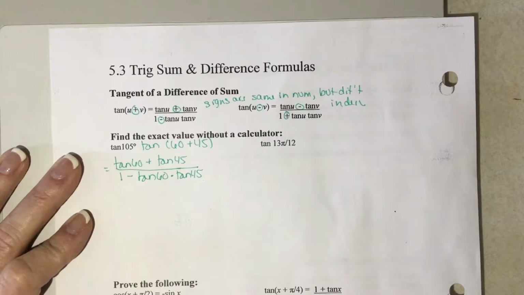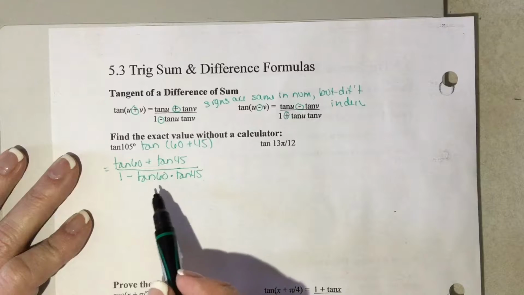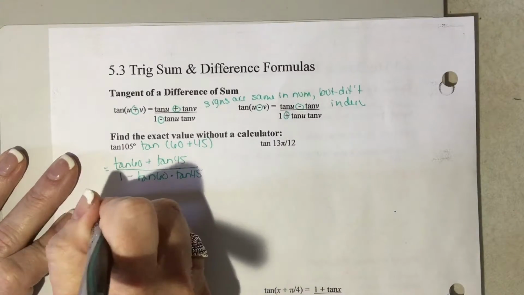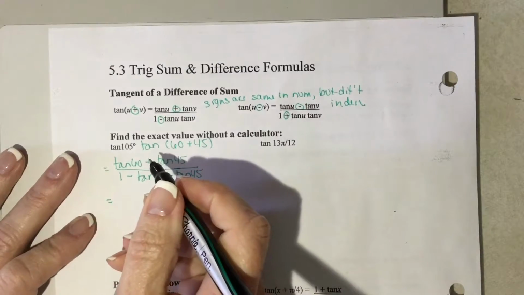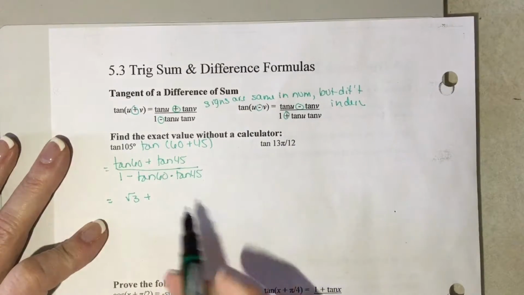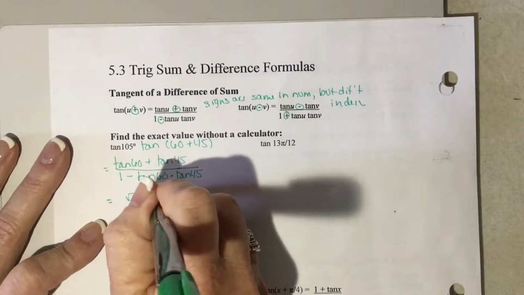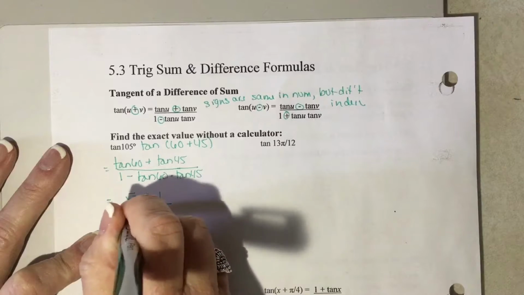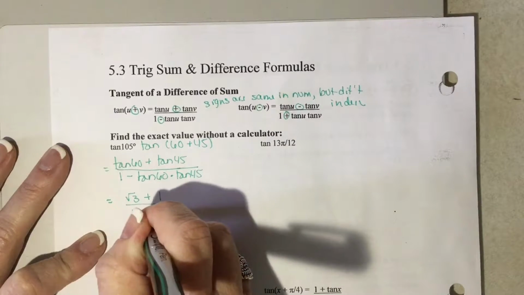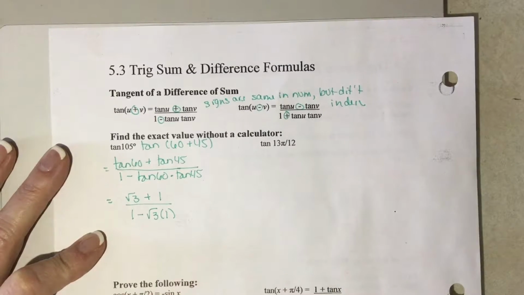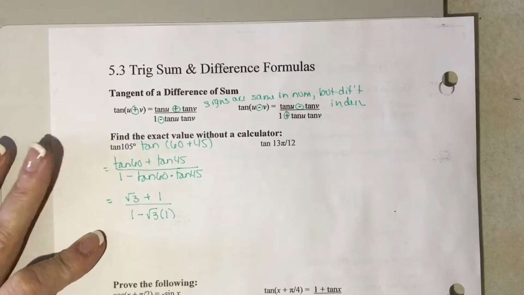And this is where we pull out a unit circle, and we pull the values off of our unit circle to find tangent of 60 and tangent of 45. So tangent of 60 is square root of 3, and tangent of 45 is 1, all over 1 minus tangent of 60, which is square root of 3, times tangent of 45, which is 1.